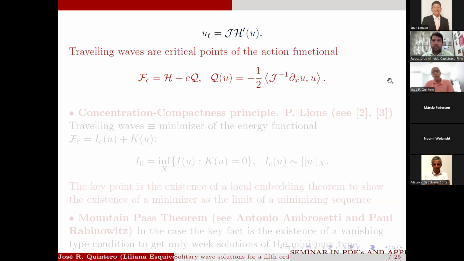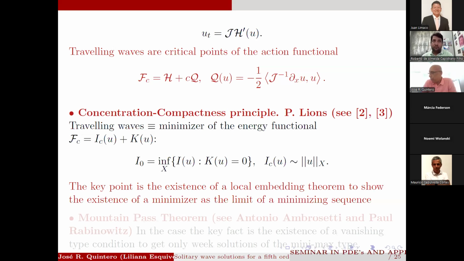So for this type of problem, when you want to just show that you have a critical point, there are two cases. Essentially, one is the concentration compactness principle by Lions, and traveling waves correspond to minimizers of the energy functional. And in this context, you just try to minimize the I(u), which is like a norm, right, with this constraint K(u) equals 0.